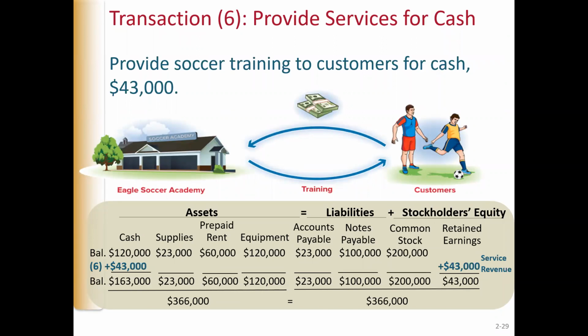Now, this next one, I'm going to have you guys help me. We provide soccer training to customers for cash for $43,000. What happens here, guys? Cash increases. But what else is increasing, guys?